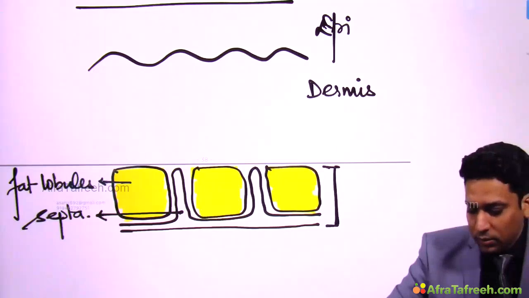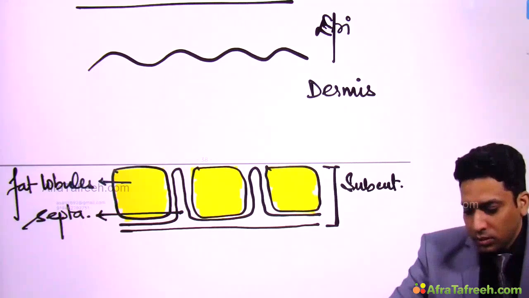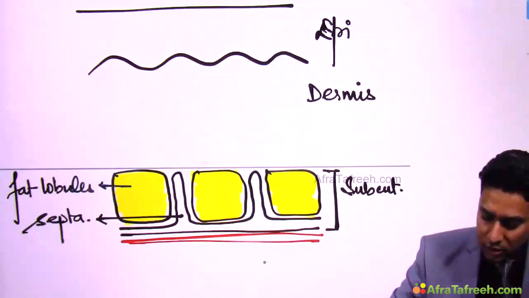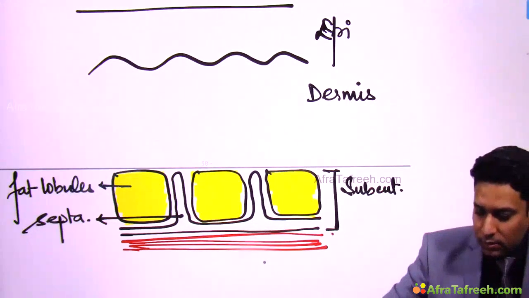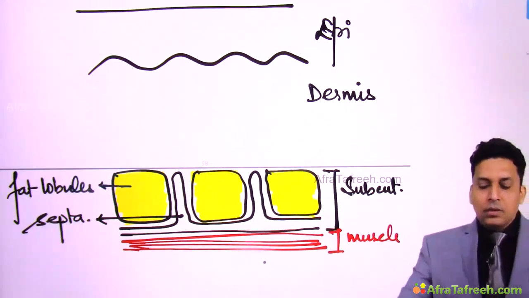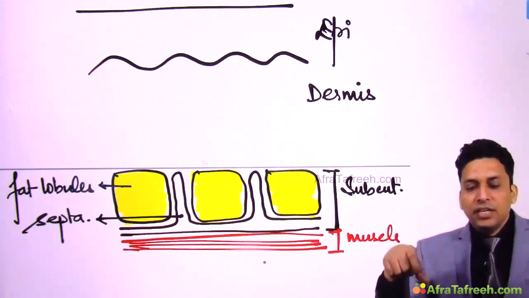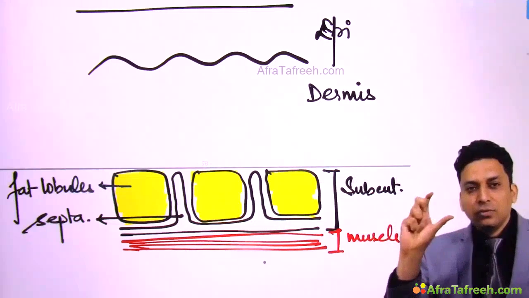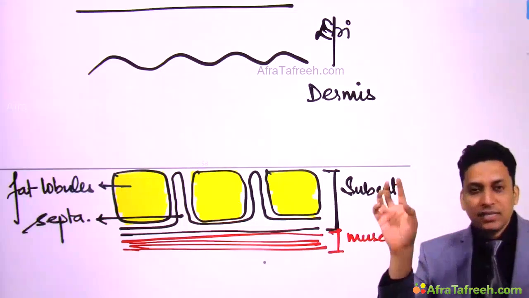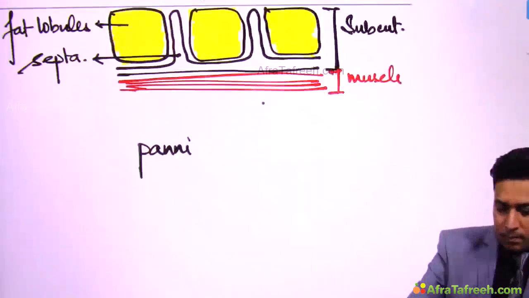Together, they form subcutaneous layer. This subcutaneous layer generally overlies muscle or fascia. So you can see epidermis, below epidermis is dermis, and then is subcutaneous layer. Subcutaneous layer mainly consists of two things: a lot of fat in the form of fat lobules, and it is separated via septa. So septa and fat lobules together form subcutaneous layer.